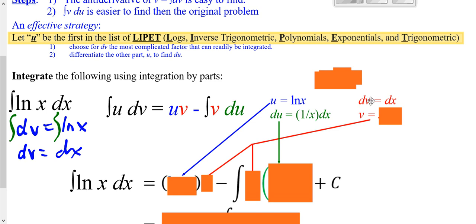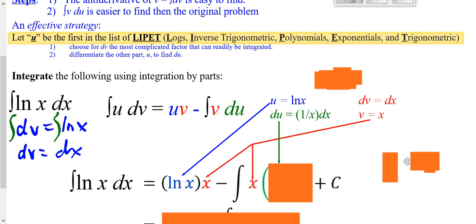To go from dv to v, you have to integrate. When you integrate that, you just get x. So we replace u with the natural log, we replace v with x, and then v goes after your integral sign, and then du, which is 1 over x dx, goes here.